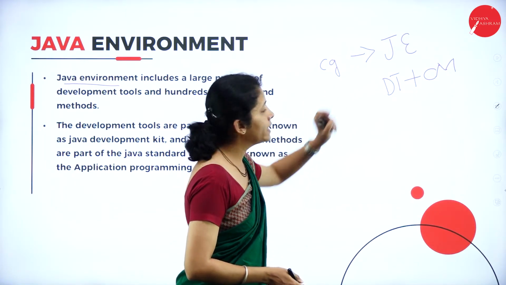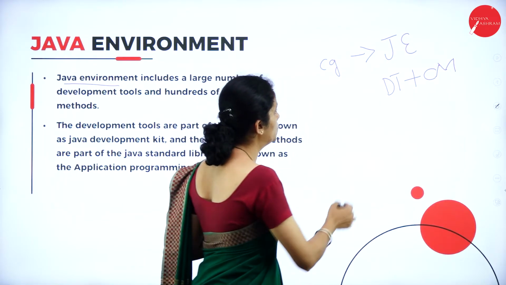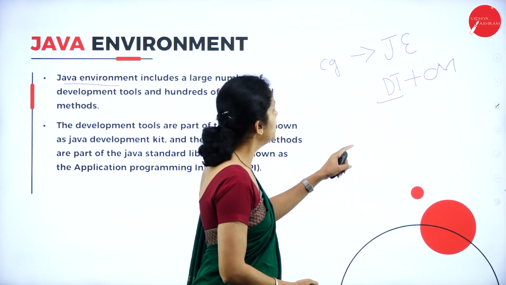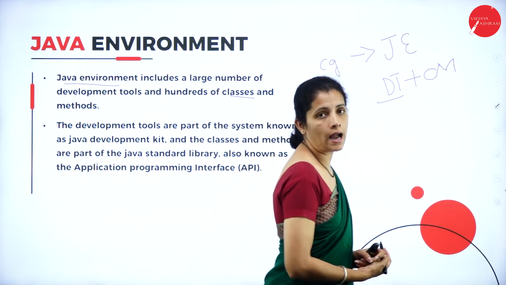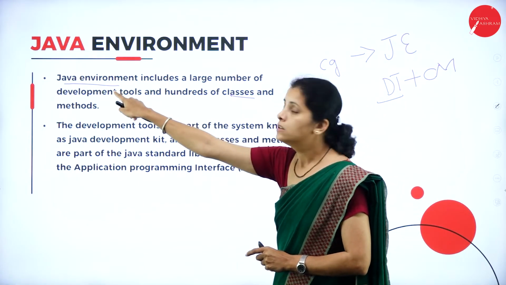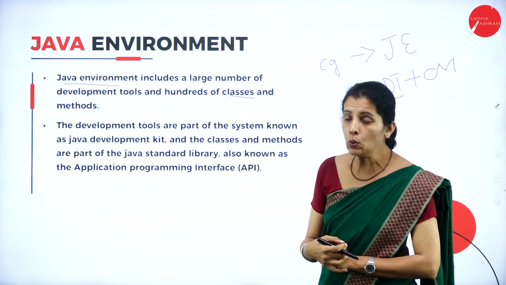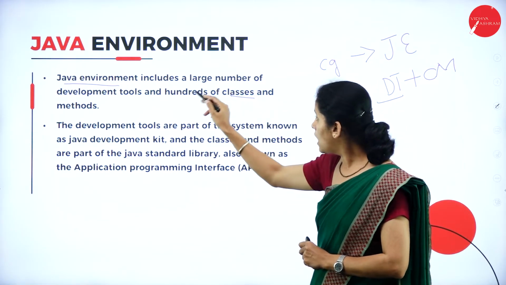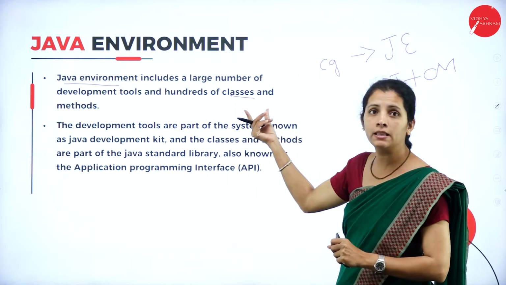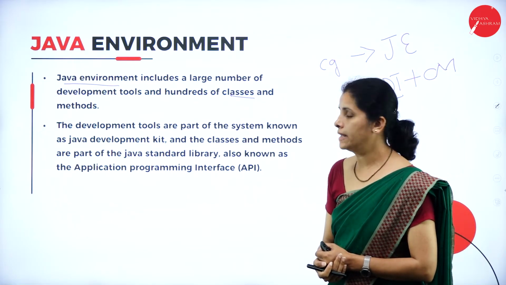If I consider my carry bag, I have all the study materials like textbooks, notes, pen, pencil, tiffin box and water bottle. But if I consider the Java working environment, that includes development tools or deployment tools along with classes and methods. So the Java environment includes development tools and hundreds of classes, that is nothing but bundles of classes as well as methods.